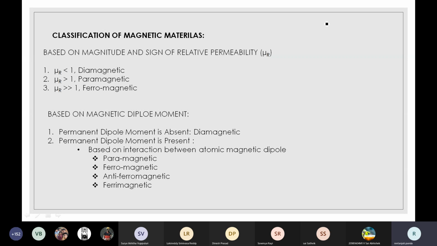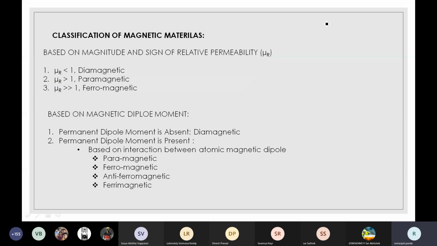Similarly, depending on the magnetic dipole moment, which I told you about in the first slide, there are five types of magnetic materials in total. If the permanent magnetic dipole moment is absent in a material, then it will be a diamagnetic material.